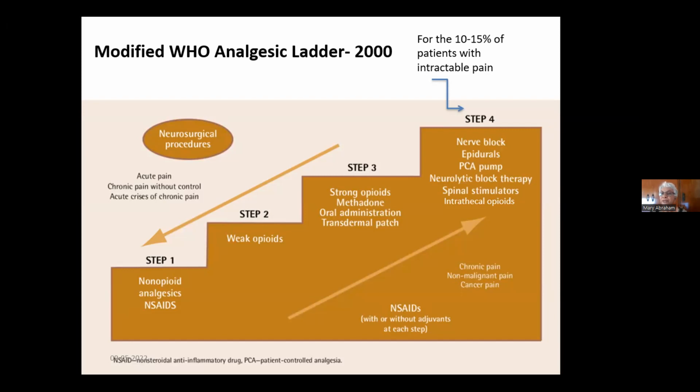Then you may have to give a nerve block, you may have to give an epidural or a patient-controlled analgesia pump or neurolytic block. You may have to use intrathecal opioids or spinal cord stimulation. So all that depends upon whether the pain is responding to step 3, and sometimes you can even implement it earlier also. But usually if they're controlled with step 3, then you don't have to do that.